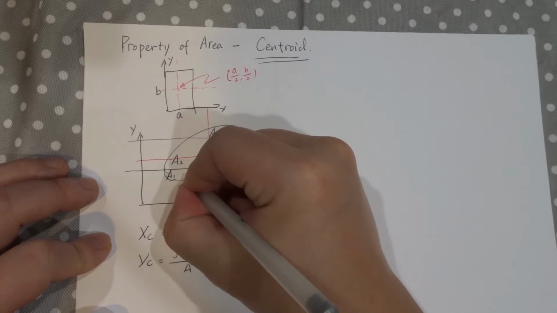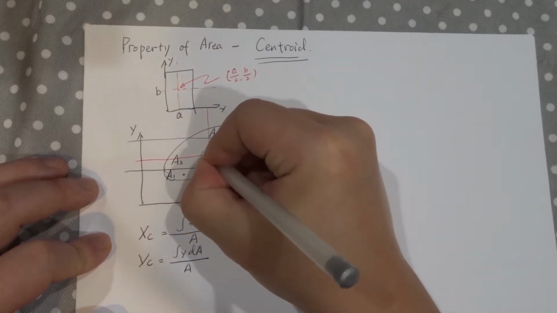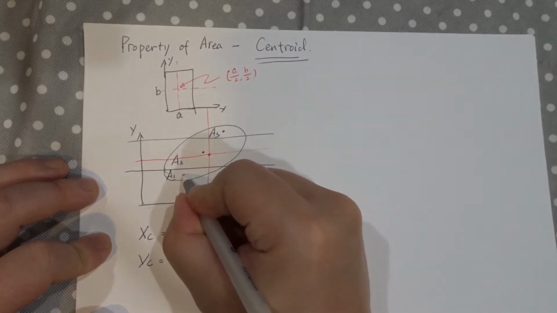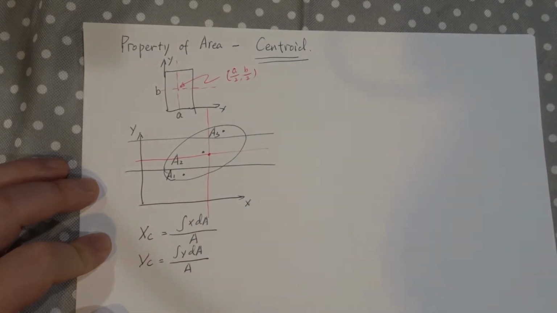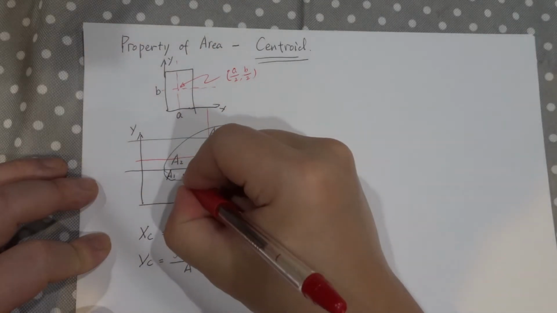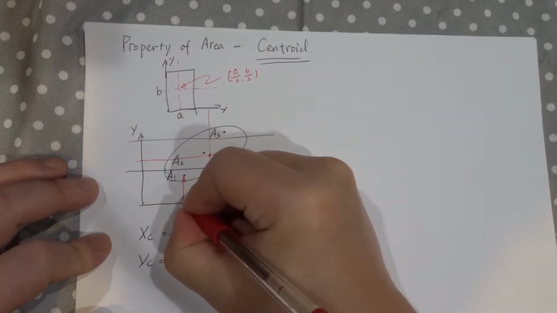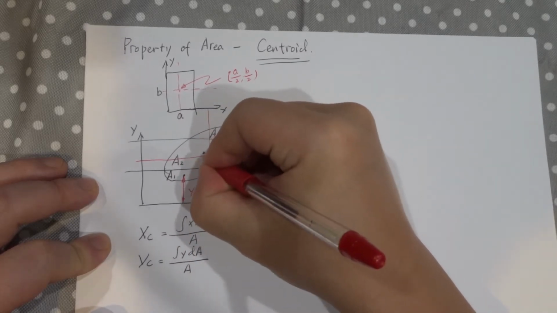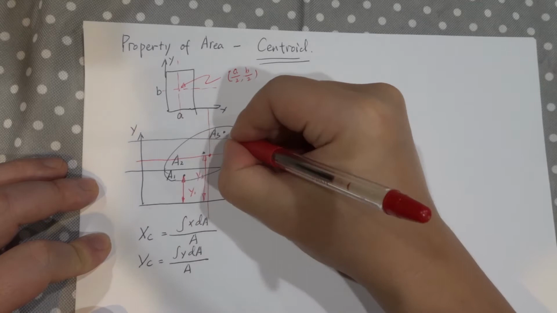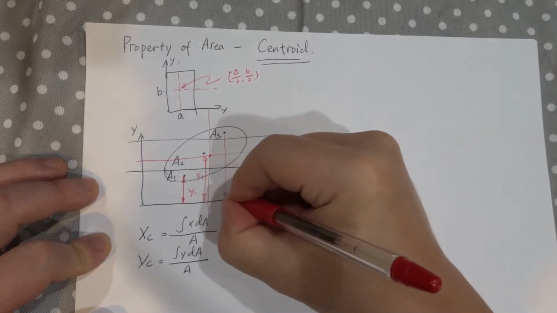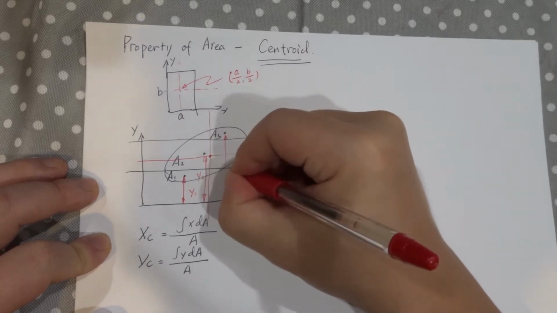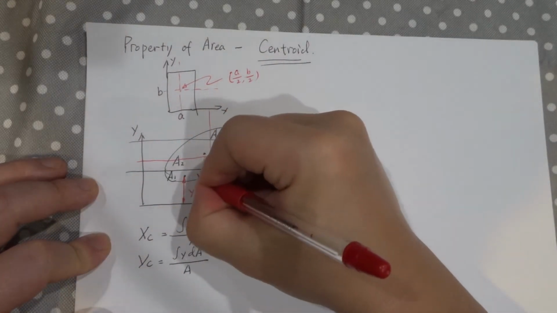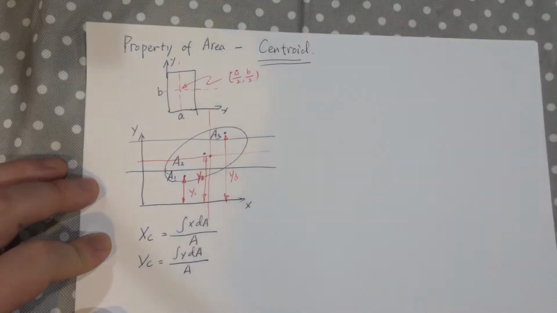And I'm going to assume the geometric center of these 3 pieces is in the middle, at the mid-height of each of the 3. This is just an assumption. I'm going to call these Y1, Y2, and Y3. Let me make this a little more clear.